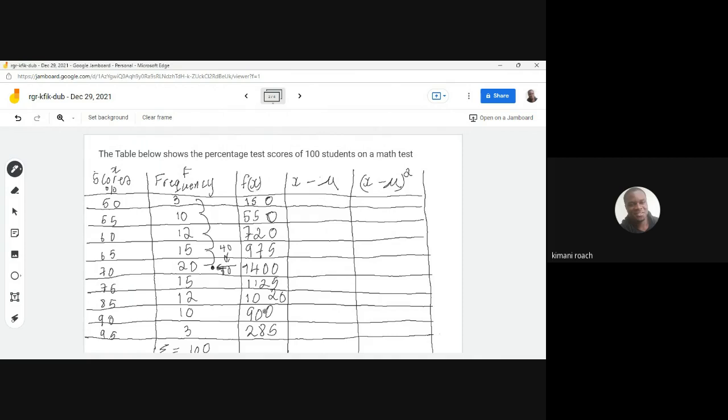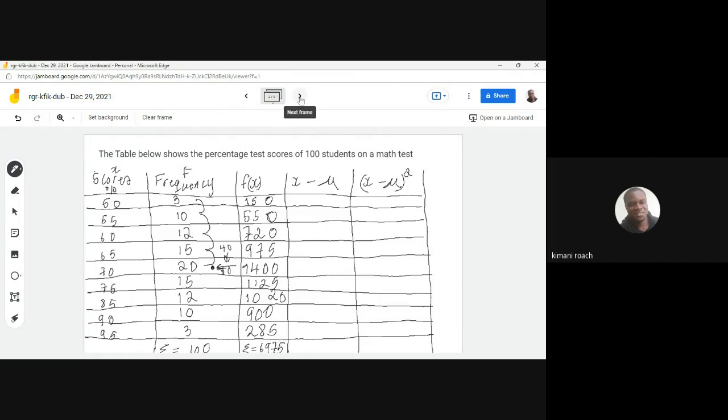So to find the sum of fx, my frequency times my midpoint, I would have to add all of these values, which is going to give me, and I'm going to use my sigma notation here, 6,975. Right?